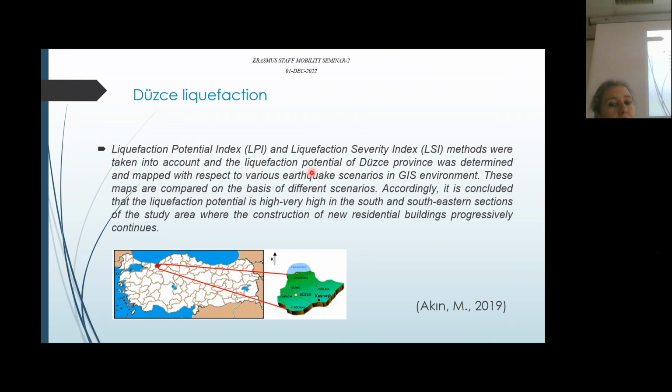So what exactly I did, I studied Düzce because Düzce is very famous for liquefaction at that stage, a very alluvial plain area. And I have tried to compare the preparation of maps depending on the liquefaction potential index and the liquefaction severity index.